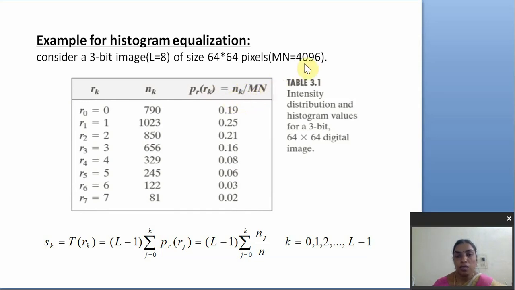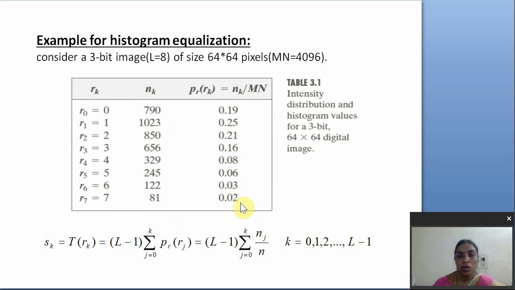Here n is 4096, so take 790 and divide it by 4096, then you get p_r of r0. So 790 by 4096 is 0.19, 1023 by 4096 is 0.25, 850 by 4096 is 0.21. In this way we calculate and note down all these values. So 81 by 4096 is 0.02.